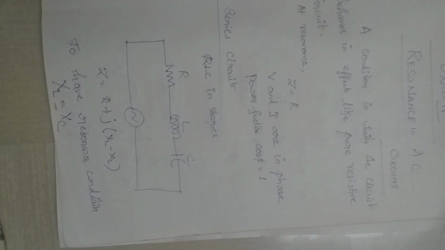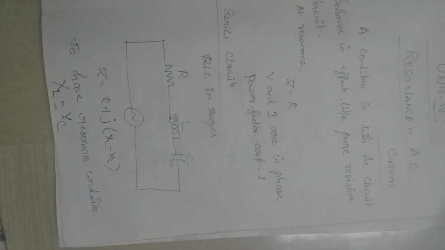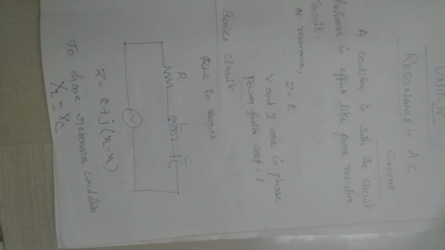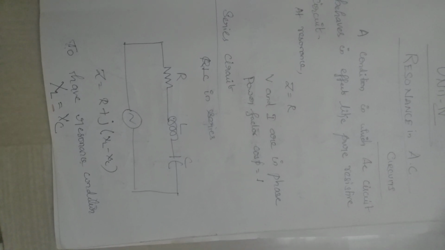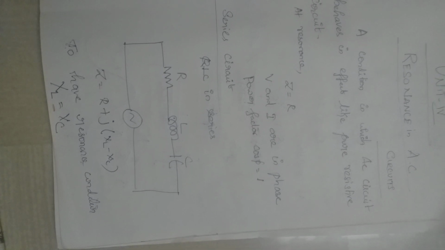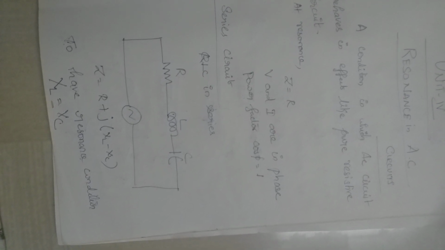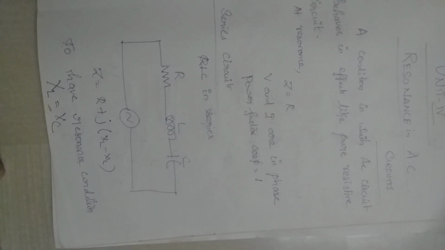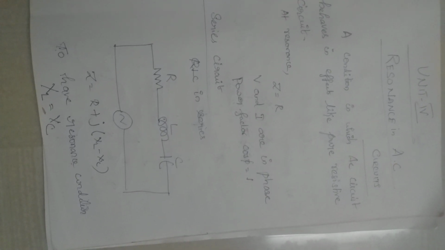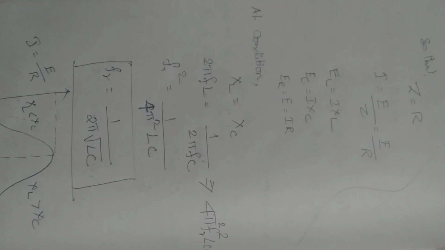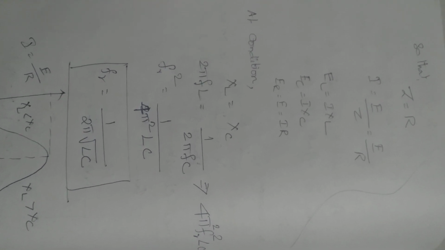Resonant condition is nothing but an AC circuit which should be equal to resistive. So when will this Z be resistive? Only if XL equal to XC. Both get cancelled, Z will be equal to R. So the condition for resonance is XL equal to XC. If XL equal to XC, Z will be equal to R.